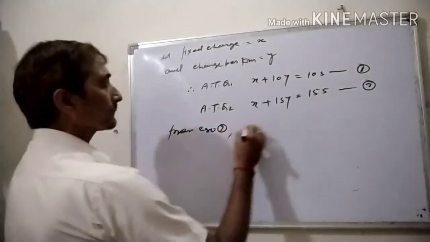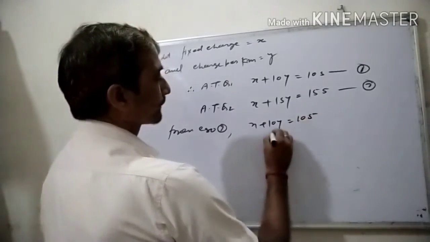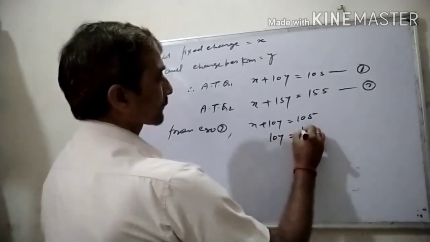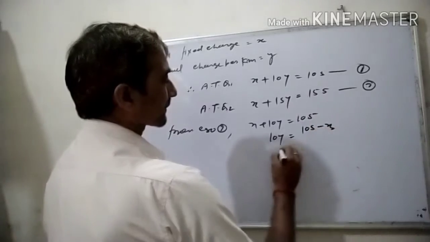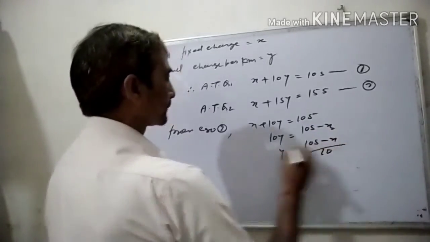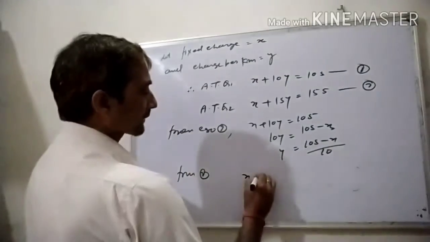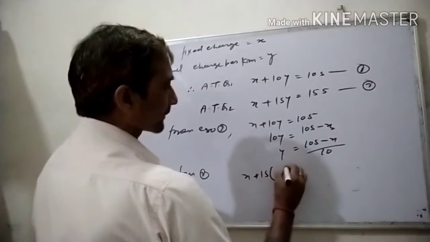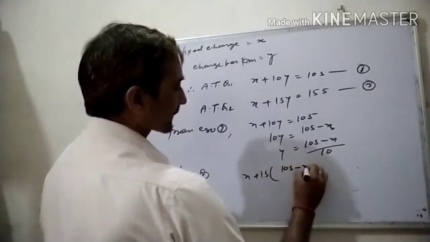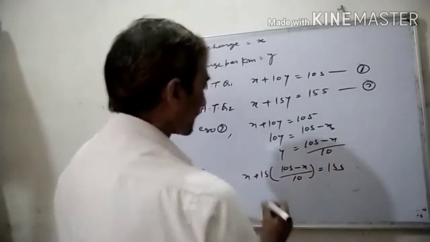So from equation 1, X plus 10Y equal to 105, 10Y is equal to 105 minus X, Y is equal to (105 minus X) by 10. From equation 2, X plus 15 times (105 minus X) by 10 equal to 155.